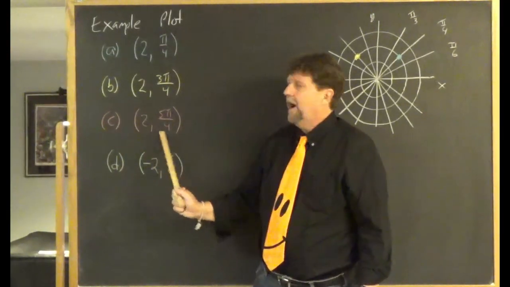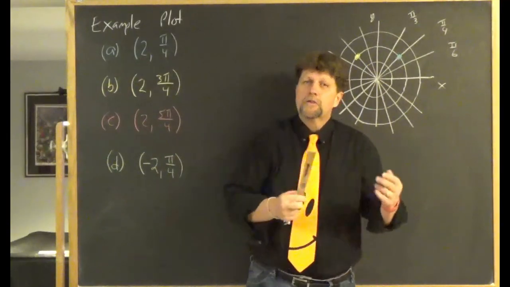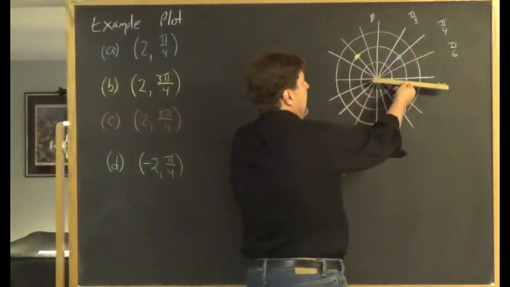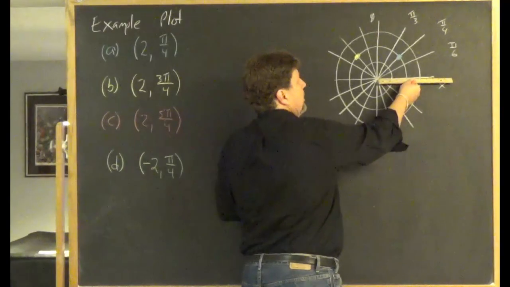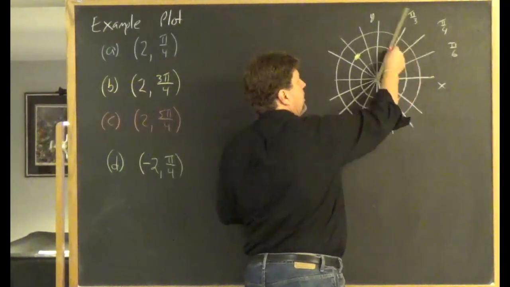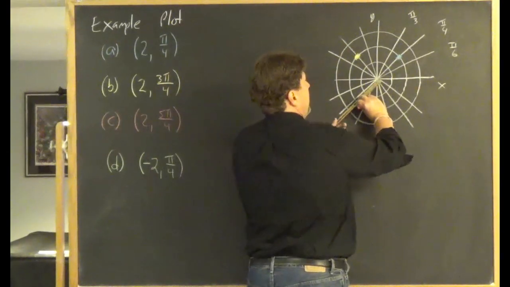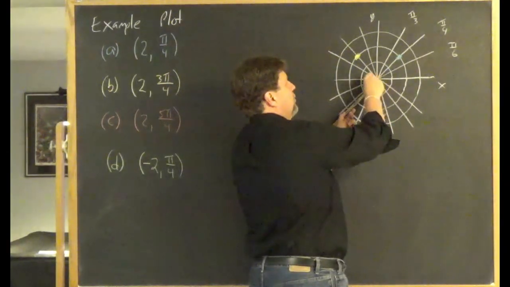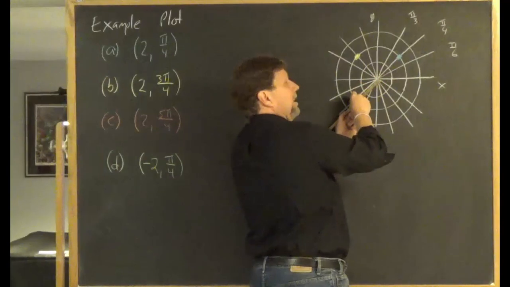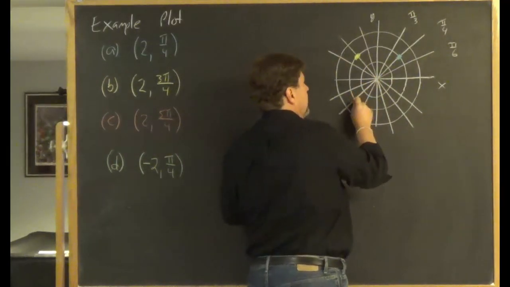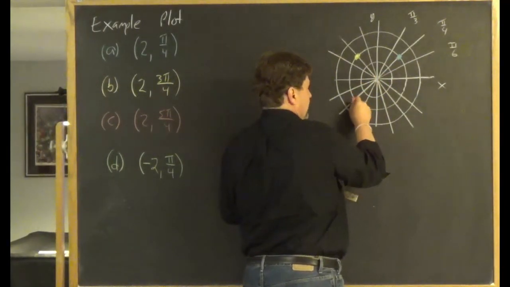Plot the point (2, 5 pi over 4). So I take my polar axis and I rotate it to 5 pi over 4, which brings me to right here. R is a positive 2, so I move 2 units along the polar axis, and it gives me that point right there.